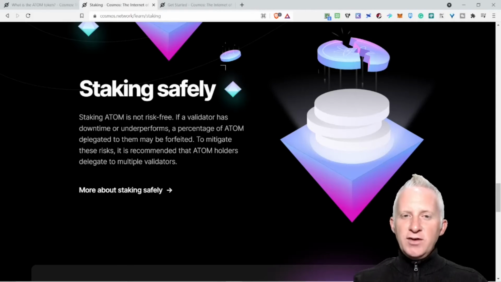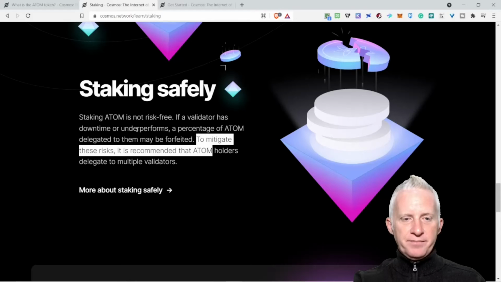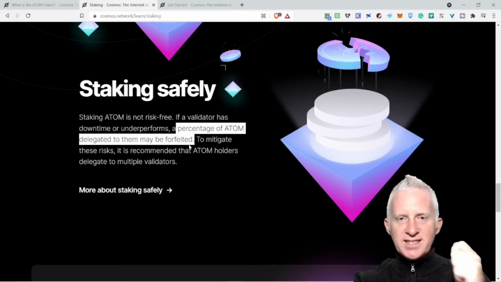So even staking on the Cosmos Hub has some risk you need to take, so you can lose some money or some Atom, because as you can see, if the validator doesn't perform very well, a percentage of Atom delegated to them may be forfeited. So it's going to be burned or slashed.